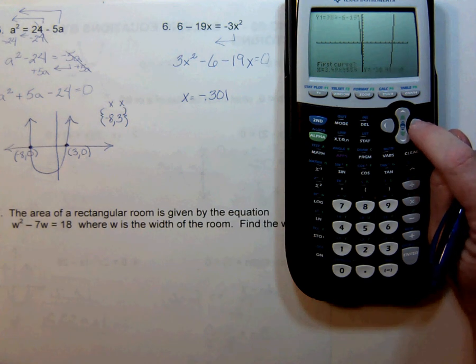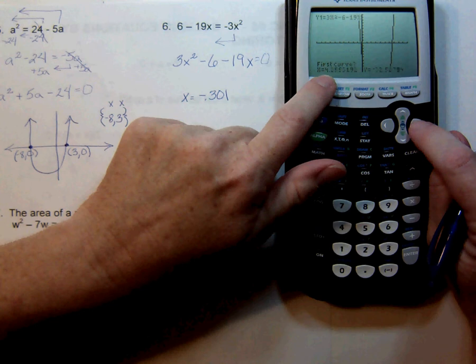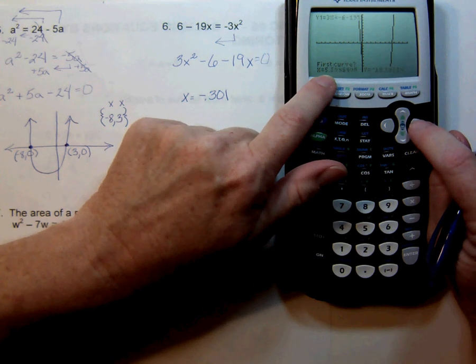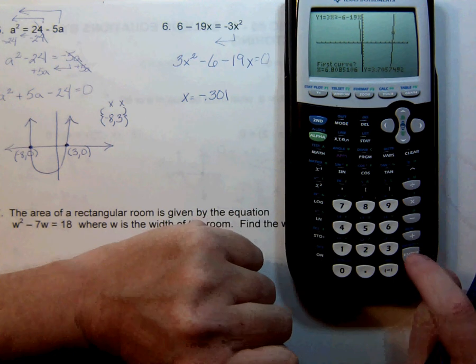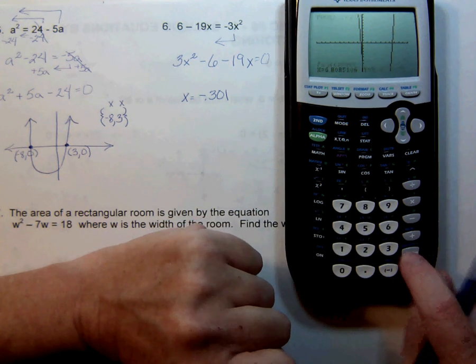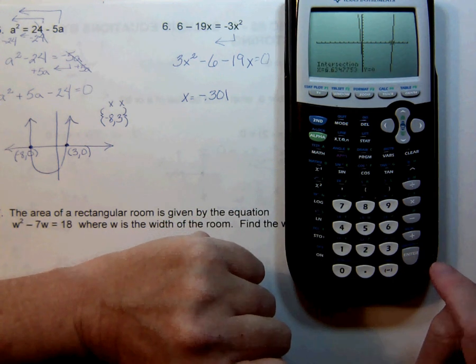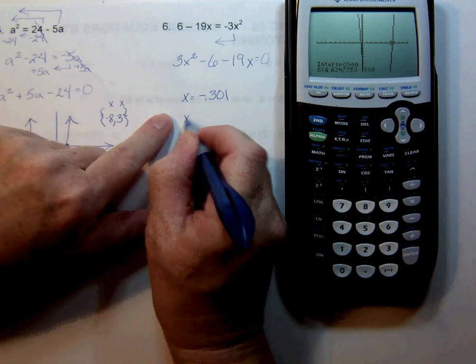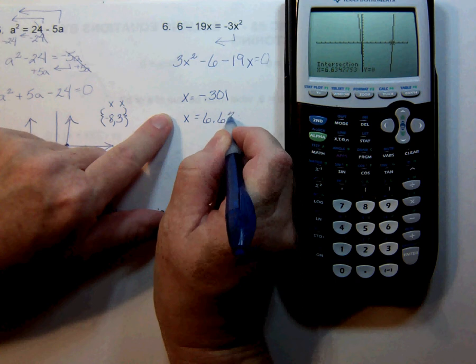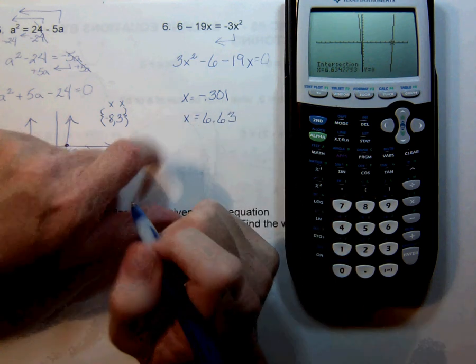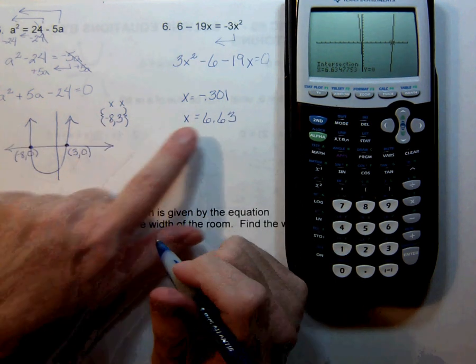There it is, 6.8. It's pretty close. Enter, enter, enter. So your other x is 6.63. So those are your two x's. Could be written like this or can be written like that.